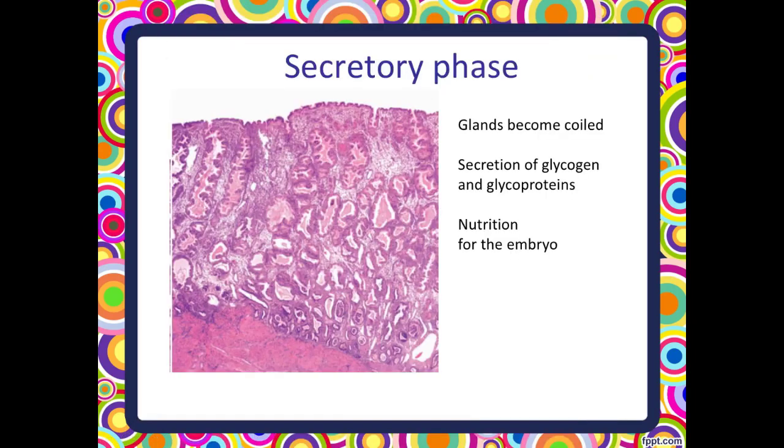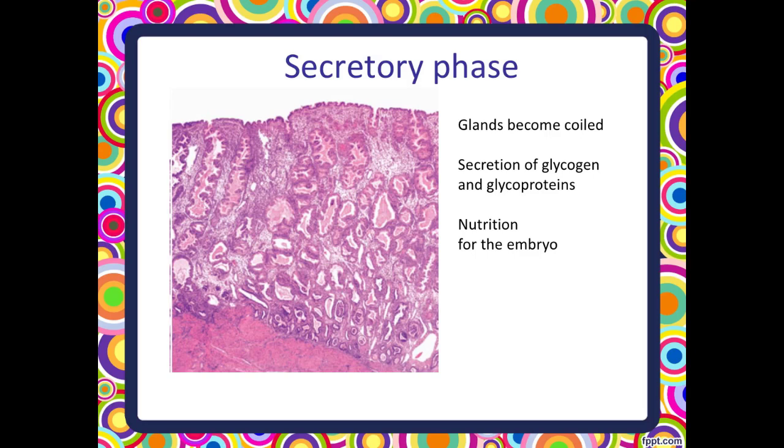And this is the secretory phase. The glands become highly coiled, and they are filled with the secretion. So there is also the change of the stroma. Under the influence of progesterone, the stromal cells transform into the decidual cells.